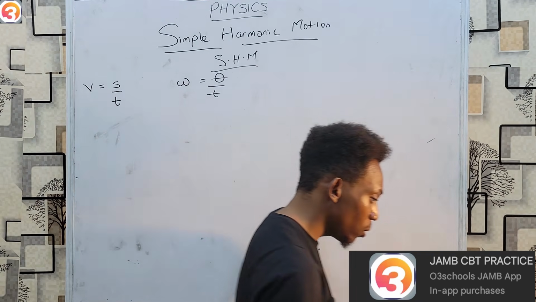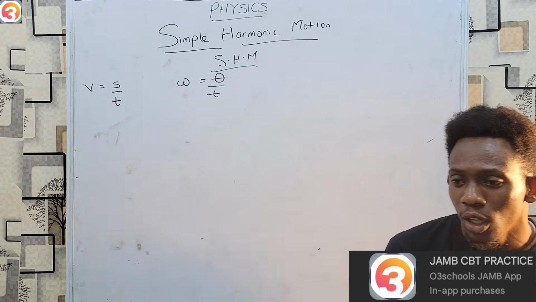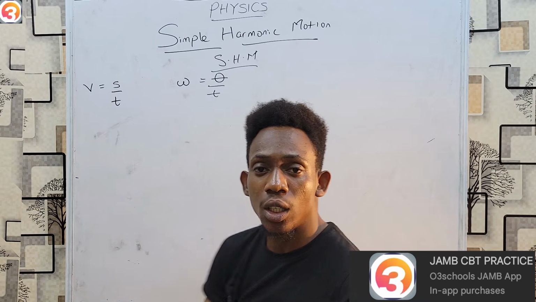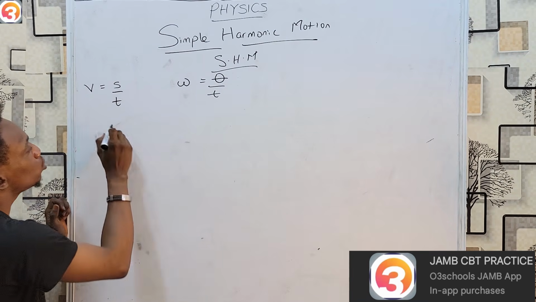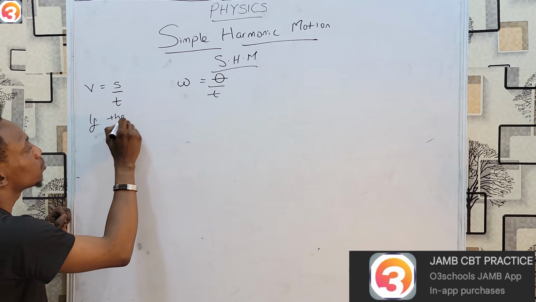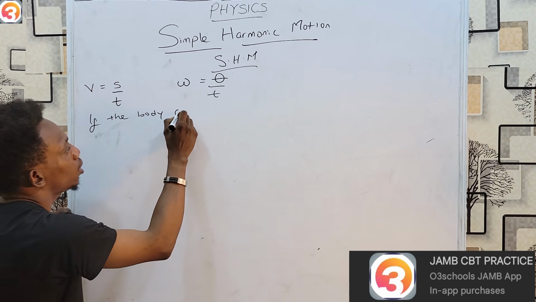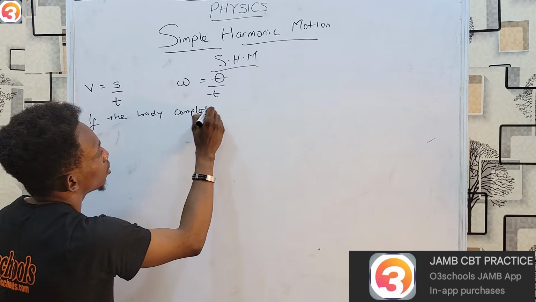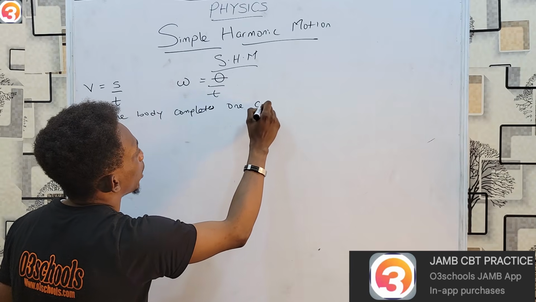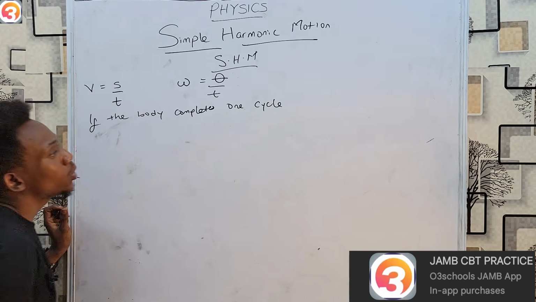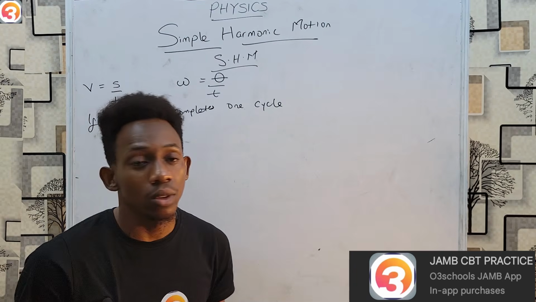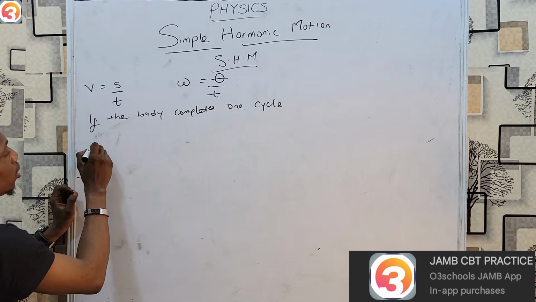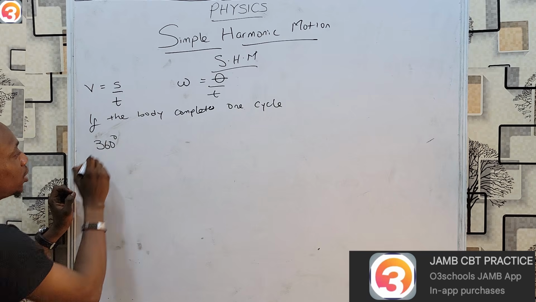Now you may say, okay, after angular velocity, what's next? Let's do a bit of imagination and assume this body completes one cycle. Before we look at one cycle, we shall have to look at what makes a cycle a circle. A cycle is 360 degrees.